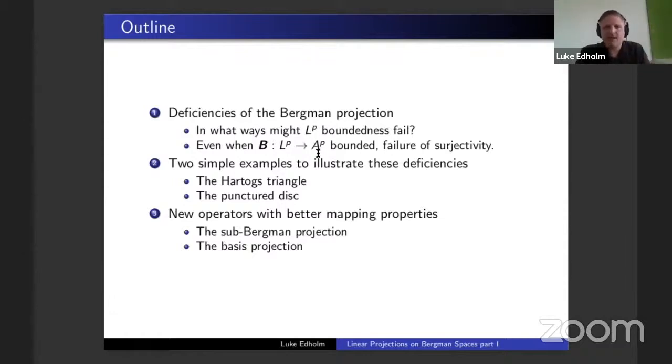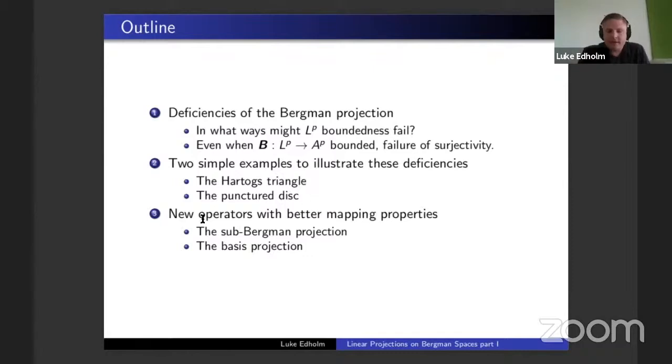And so these are some serious deficiencies if you're trying to use the Bergman projection as a tool to study AP spaces. I'm going to focus this talk on two very concrete examples: the Hartogs triangle and an even simpler one, the punctured disc. If these deficiencies arise here, then in more general settings they can also appear.